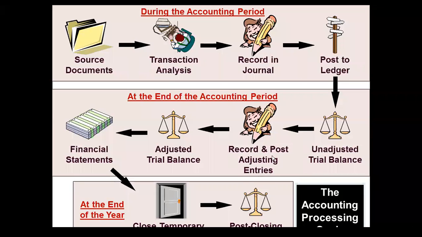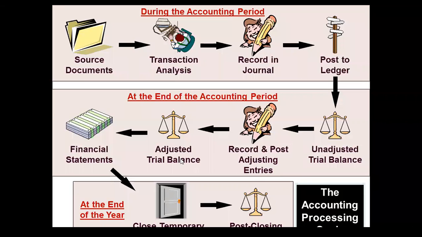So once we finish with recording and then posting, remember, recording is in the journal, posting is in the ledger. Once we have all the adjusting entries put into the journal and then posted to the ledger, we then get an adjusted trial balance.